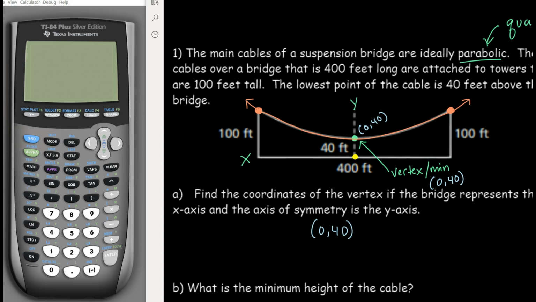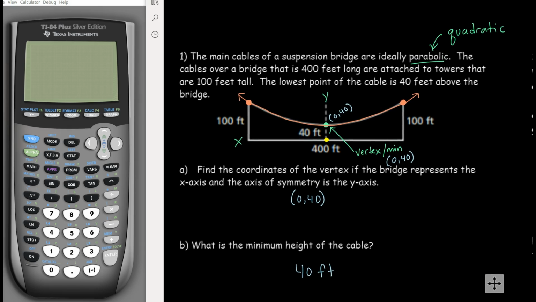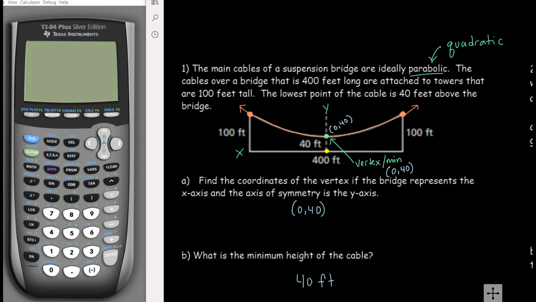So let's read the problem again. It says the cables over a bridge that is 400 feet long are attached to the towers that are 100 feet tall.